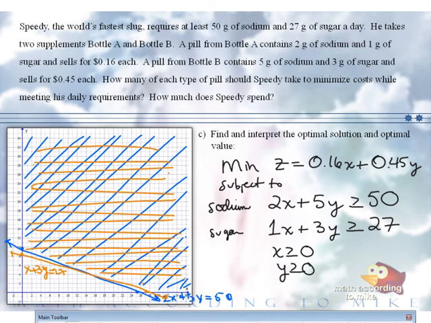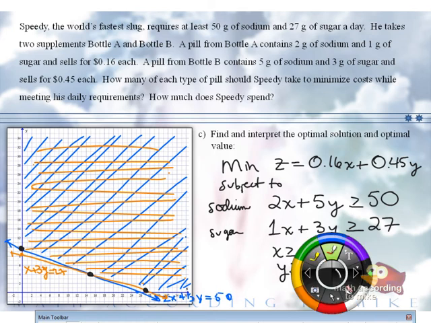How many corner points do we have? 3. Can you give me one of them? 0, 10. What's the other nice one? 27, 0. And then we have this one in here somewhere. So I'm going to erase our linear programming problem because we no longer need it.